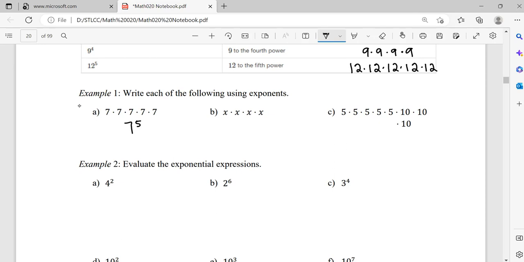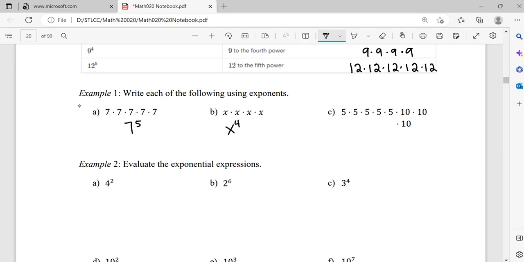You can apply the same rules to variables. Here we don't know the number, we're just using the variable. So x is still the base, and x is being multiplied by itself 4 times, so it's x to the power of 4. We can mix and match different numbers.